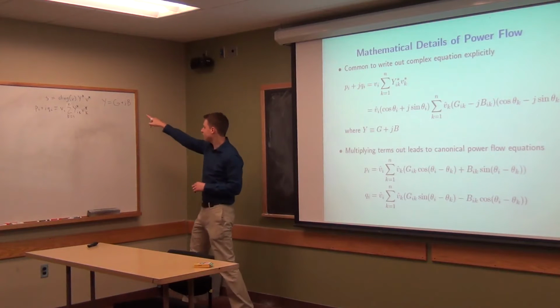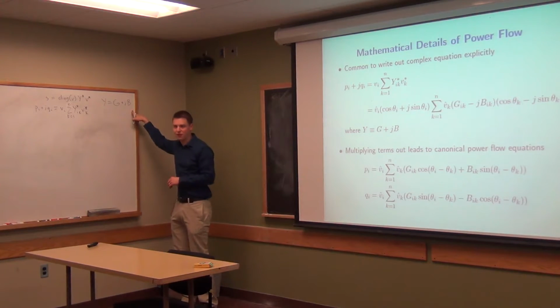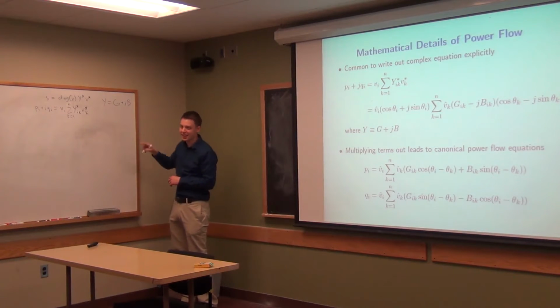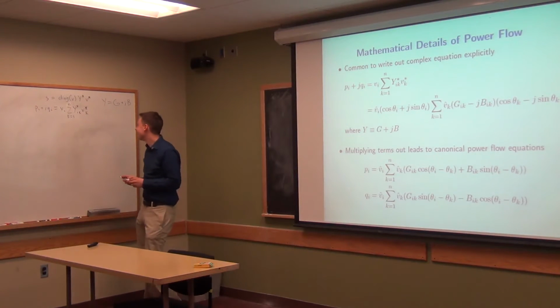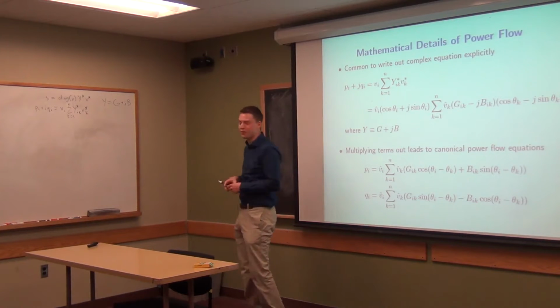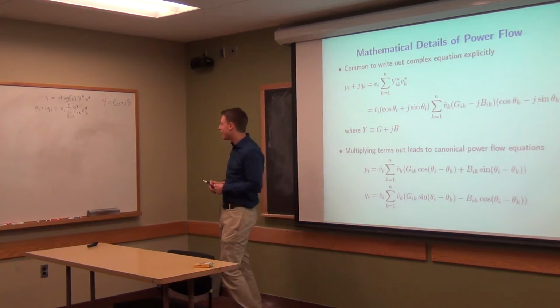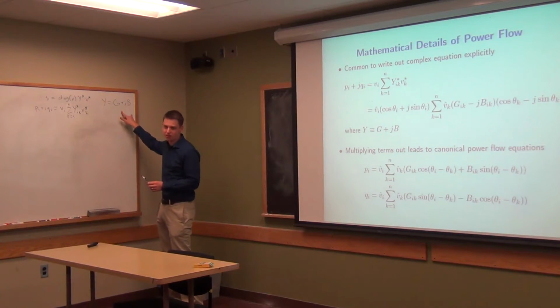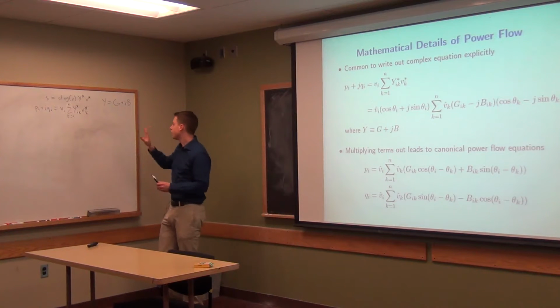These each have names too, and I cannot remember what they are right now. I think one's susceptance, and I can't remember the other one. I'll mention it next time, but it doesn't really matter. We're just going to separate it like this, and this is the common notation: G for the real part and B for the imaginary part of Y.